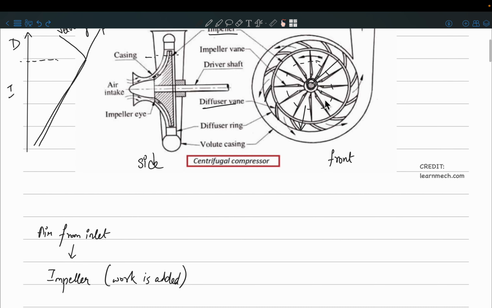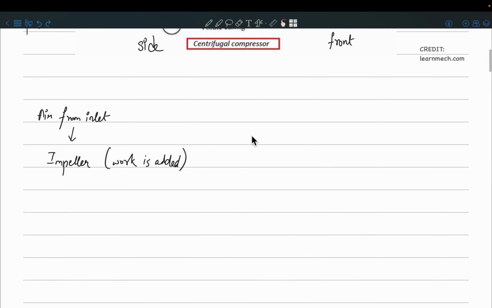Yes, so there is an inlet guide vane, and what the inlet guide vane will do is it will direct the air towards the center. So it will direct all the axial air, I'll write all the axial air, towards the center of the impeller.